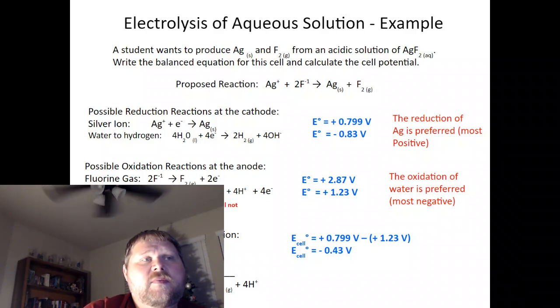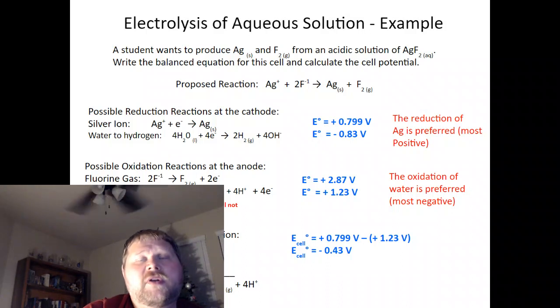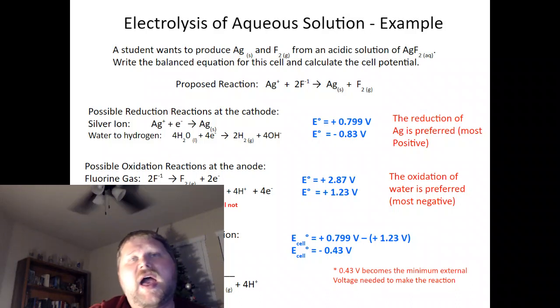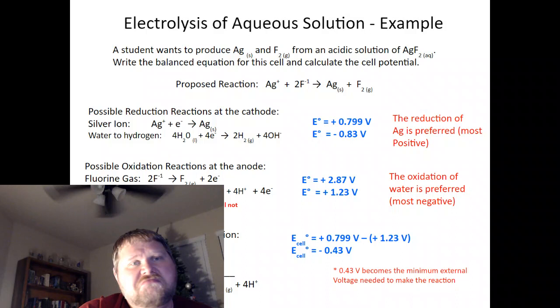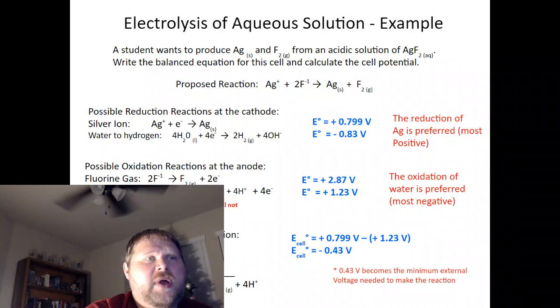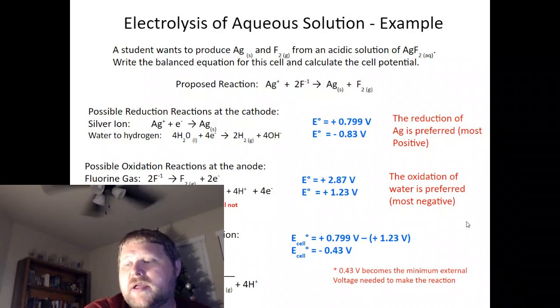And the negative 0.43 volts, of course, is non-spontaneous. Water doesn't just decompose like that. So that tells us that's at least the amount of voltage I have to pump in from the external source to make this reaction go. A AA battery would do it. I think a AA battery gives 1.1 volts or something like that. So that's all the power you would need to get this one started.